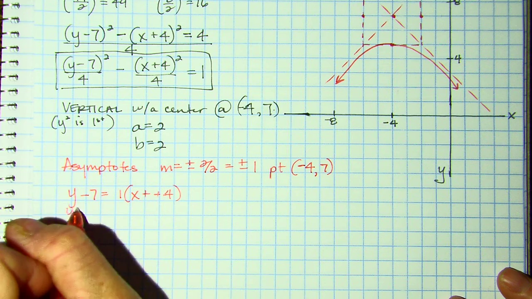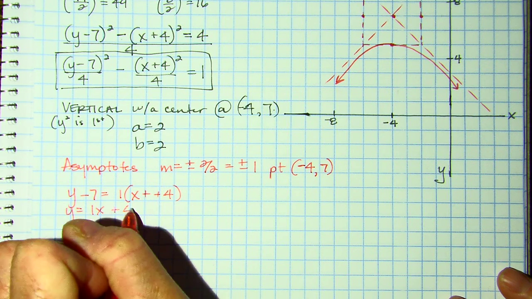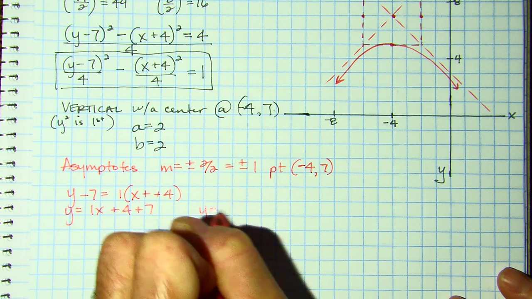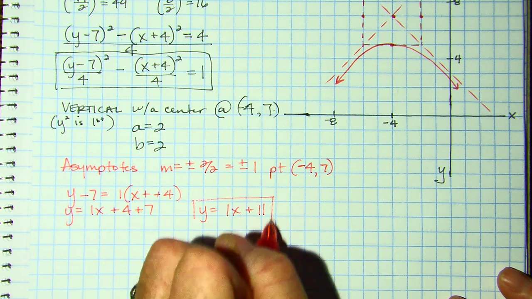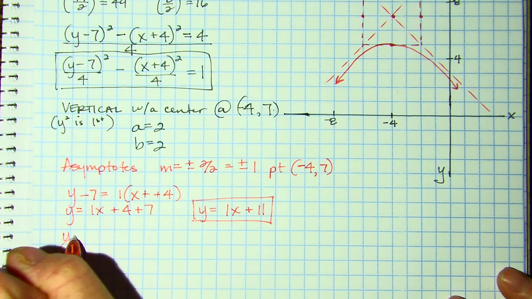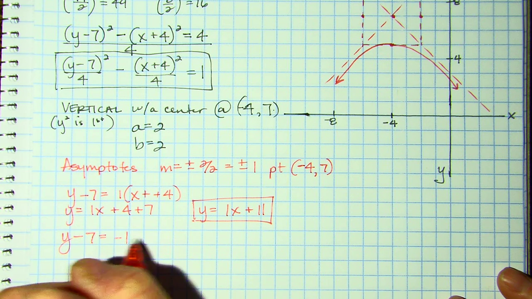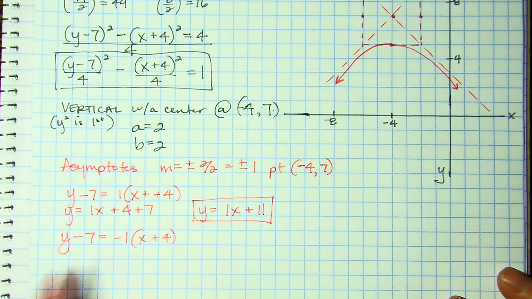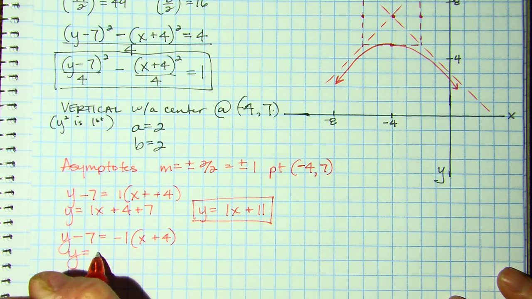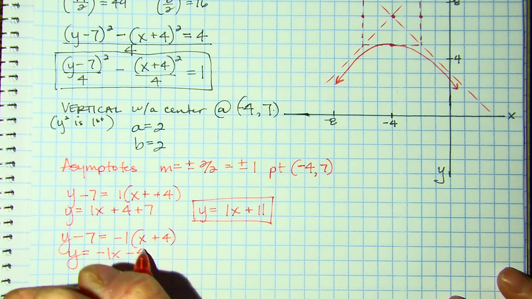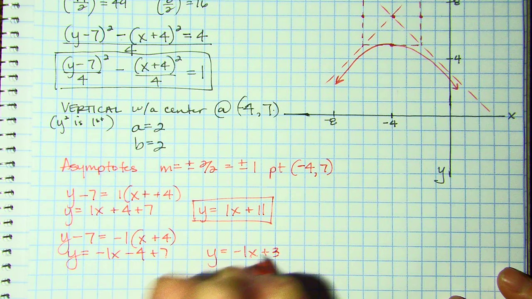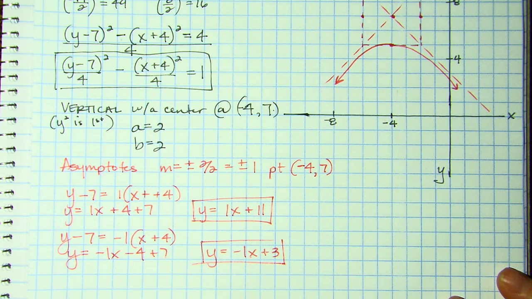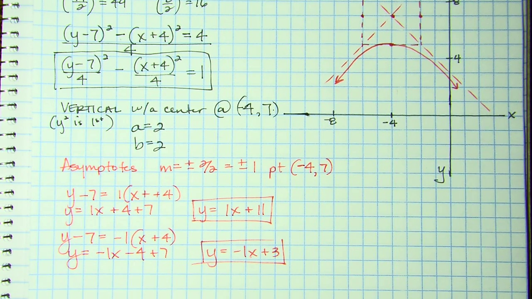So y equals 1x plus 4 plus 7. So y equals 1x plus 11. That's 1. The next one will be y minus 7 equals negative 1 times x plus 4. So y equals negative 1x minus 4 plus 7. So y equals a negative 1x plus 3. And those are my asymptotes.